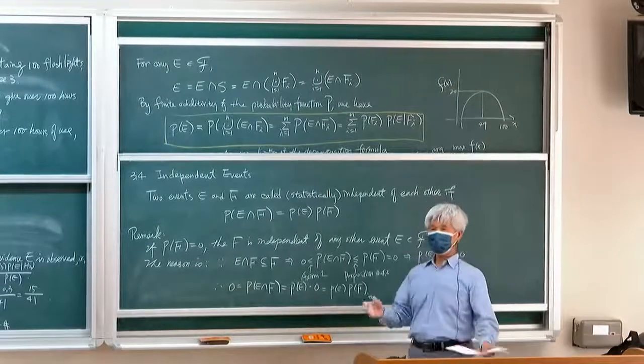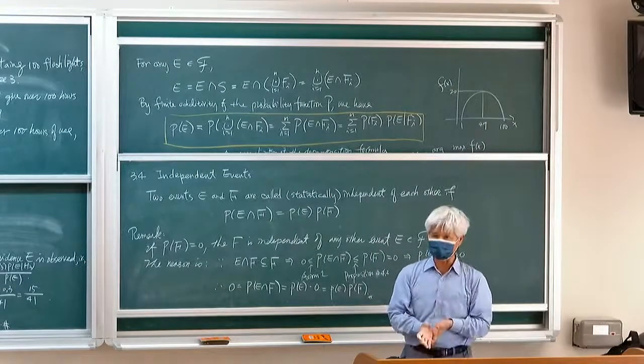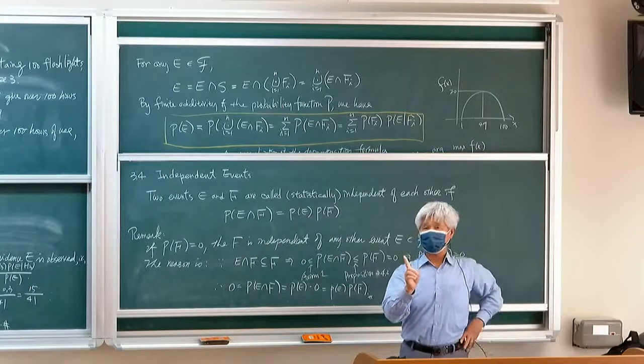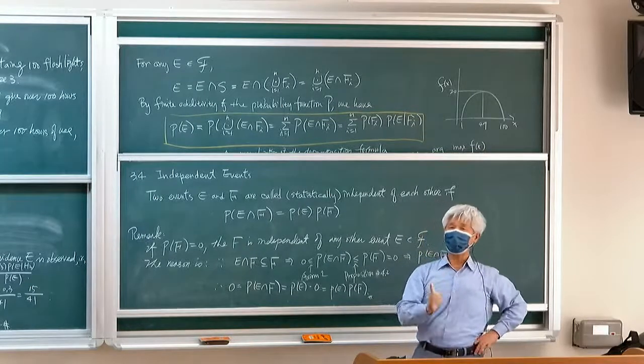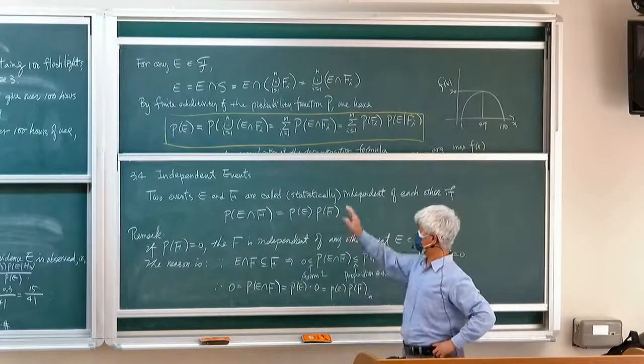So once you have an event F which has 0 probability, then this event is independent of any other event. That's the definition here.